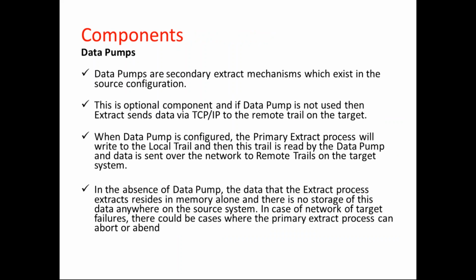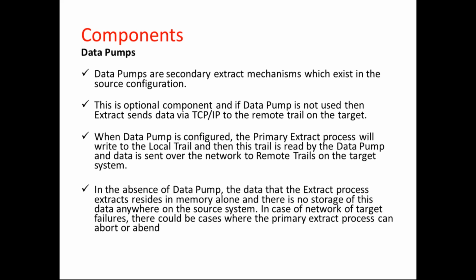So data pump. Data pump is the secondary extract mechanism which exists in the source system, source configuration. This is an optional component. I think we already talked about it. If data pump is not used, extract sends the data via TCP/IP to the remote trail file on the target.